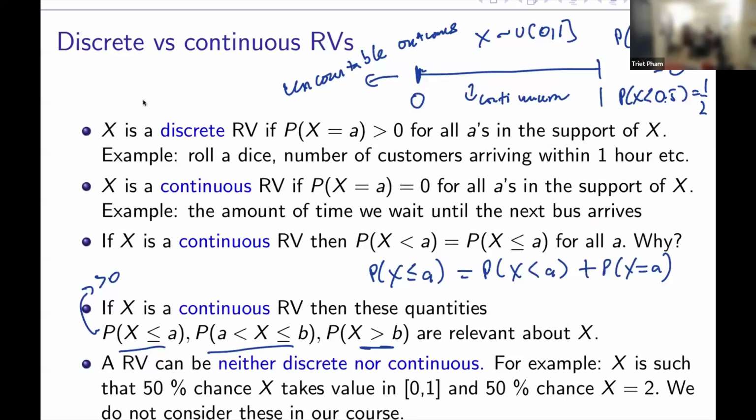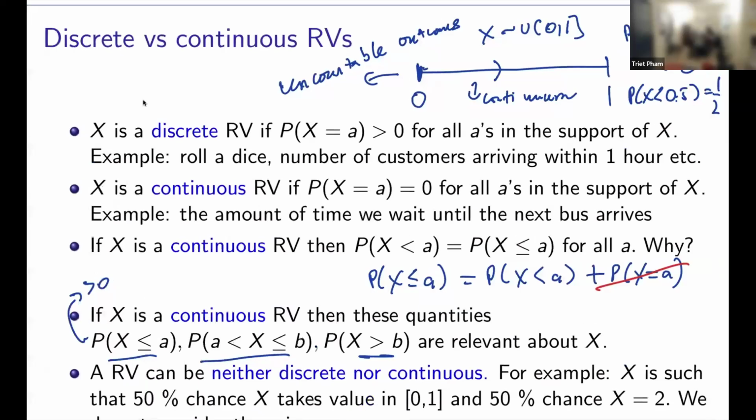Correct? But if a random variable is continuous, then this is 0 for any value. So in a sense, for a continuous random variable, an open interval and a closed interval have the same weight, the same probability.